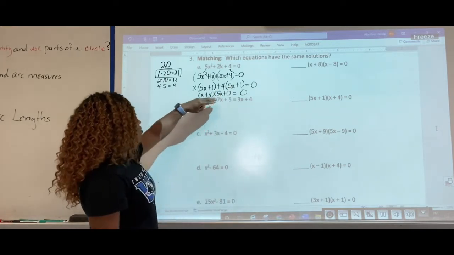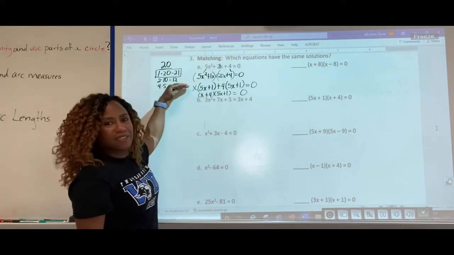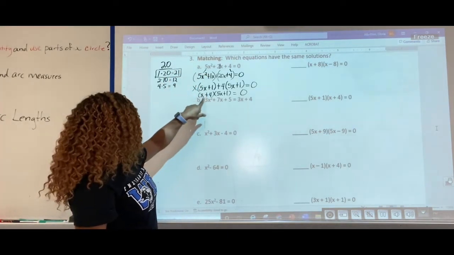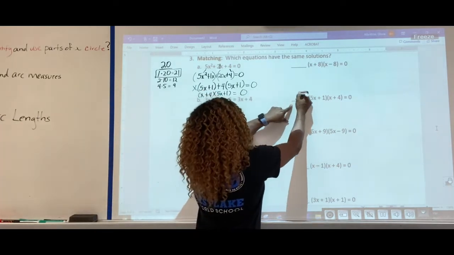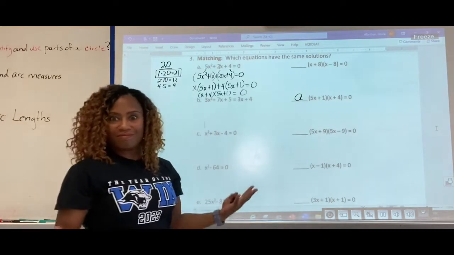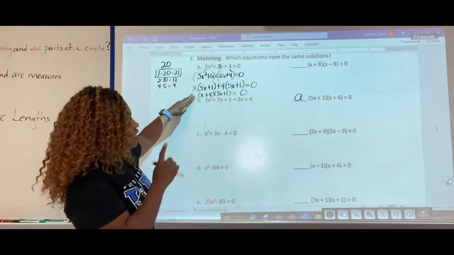So these are the two factors of this quadratic. I almost stopped here, when actually I had not factored them out yet. So I'm looking for x plus 4, 5x plus 1. It's this one, so this is A. All right, we matched that one up. We didn't have to continue and solve for x, just that far.